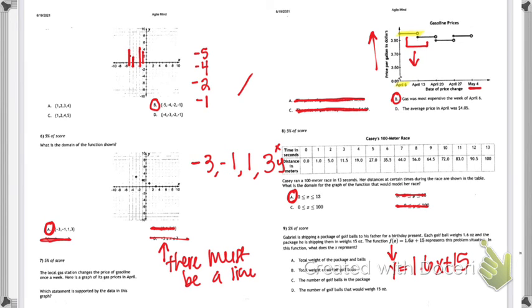So just the x. Well, if we were looking for the total, that would be our y. So we know it can't be the total weight of packages and the balls. It cannot be the total weight, the number of golf balls in a package, or the number of golf balls that would weigh 15 ounces. So remember, 15 ounces is what we are going to pay to ship them, okay? So the correct answer here would be C.